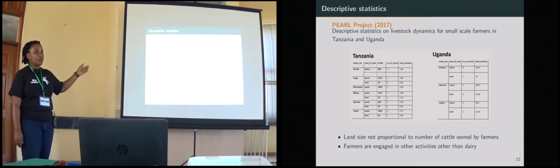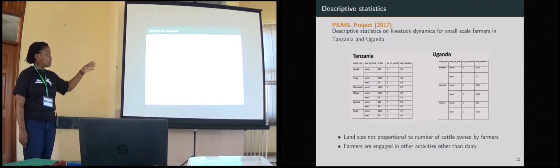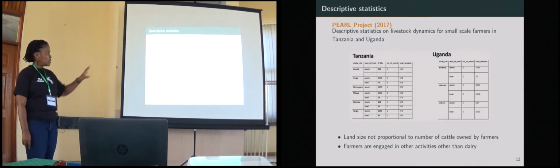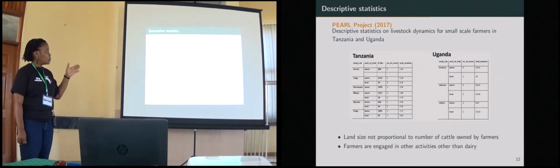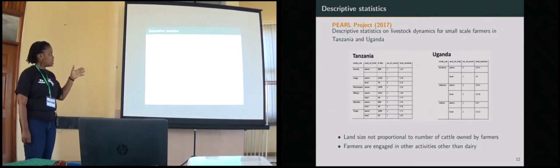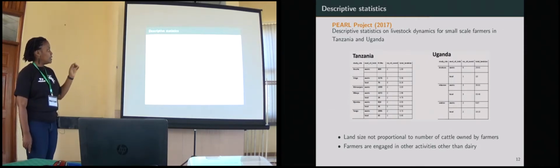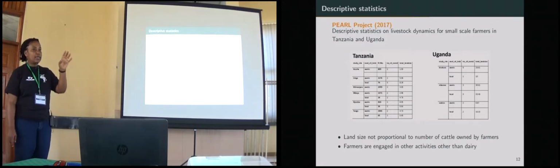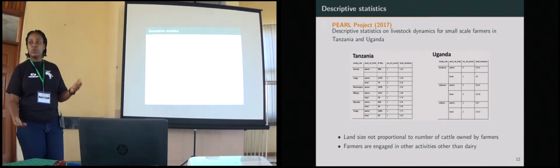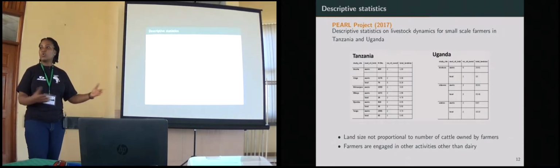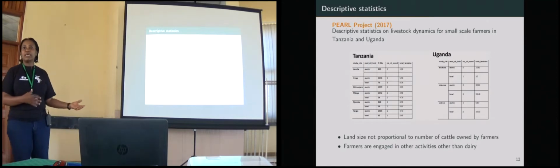create value from the descriptive statistics, from the summary statistics. Sorry, the fonts are a bit small. However, you could see here the farmers, for instance, in Tanzania, in Iringa region, a farmer had 2 cattle on a land size of about 5 acres, which is a big land size compared to the number of cattle they keep.